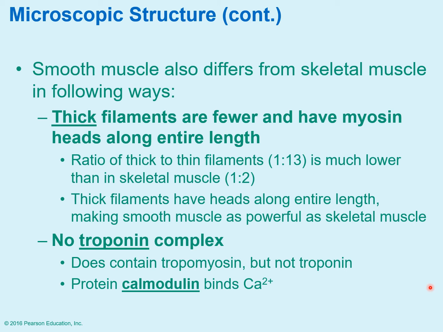The thick filaments are much fewer in smooth muscle than you saw in the skeletal muscle. And there's no troponin complex. It does have tropomyosin, but no troponin. There is a protein that binds to calcium, so there's no troponin to bind to calcium for smooth muscle. Instead, you have this protein, calmodulin.